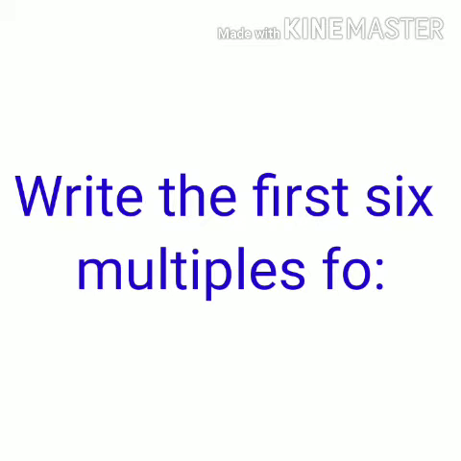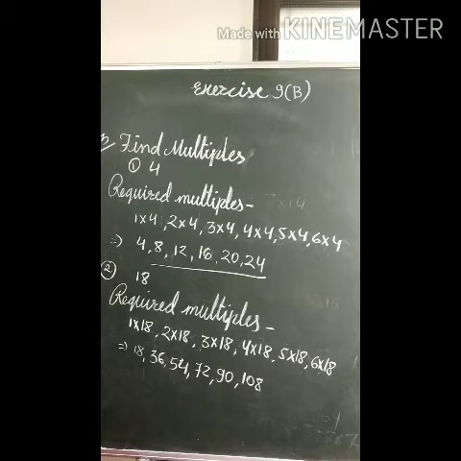Our next question is, write the first 6 multiples of. So students, in the third question we are finding 6 multiples. For example, the first one is 4. As we know, to get the multiples we have to multiply with the natural numbers.